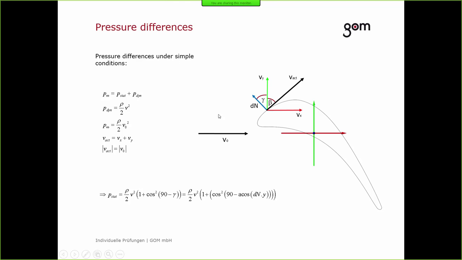We may assume some differences in the static pressure regarding the shape differences of the nominal and the actual section in these points. So therefore, after some calculations, we can get to this formula, which we now want to use to show the pressure differences from the geometry, indicated from the geometry references all over this surface section. So this is done here.